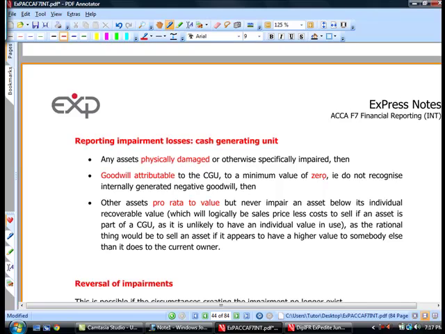The rules for allocation are: first, you allocate it to physically damaged assets. Second, you write off any goodwill attributable to the cash generating unit, and if something else is left, you go on a pro rata basis to all the remaining assets in the cash generating unit, but never impair an asset below its individual recoverable amount.